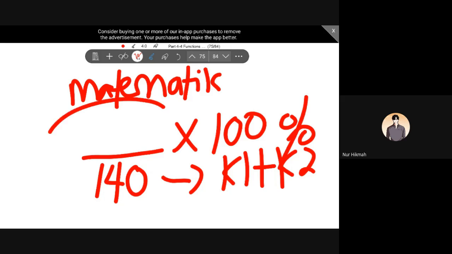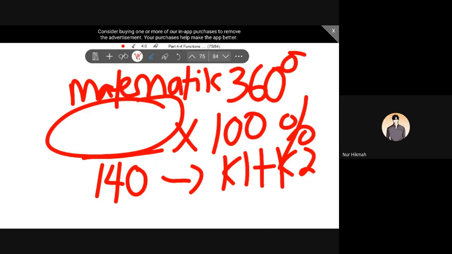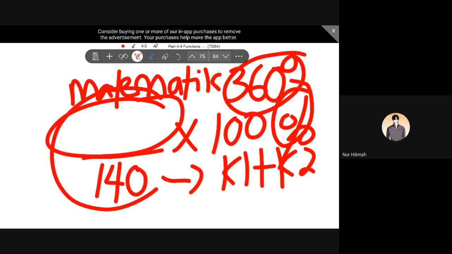So how much you get over 140 times 100%, itu adalah markah kamu. It's the same as how you counted just now your calories. Only here you times 360 because you want your answer in degrees, not percentage. So what we are finding now, apa yang kita cari adalah calorie. So calorie darab 360. Here kita cari markah. So markah darab 100. This is how it works. So can you understand this formula now?